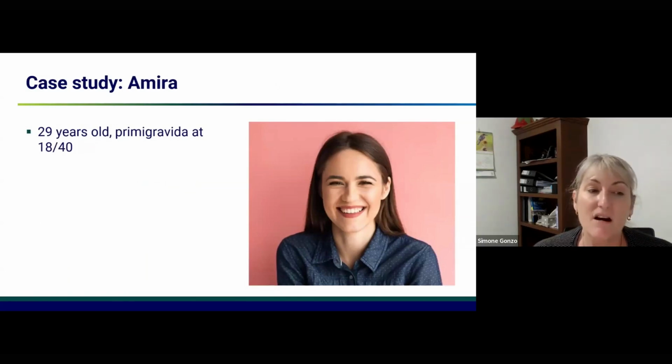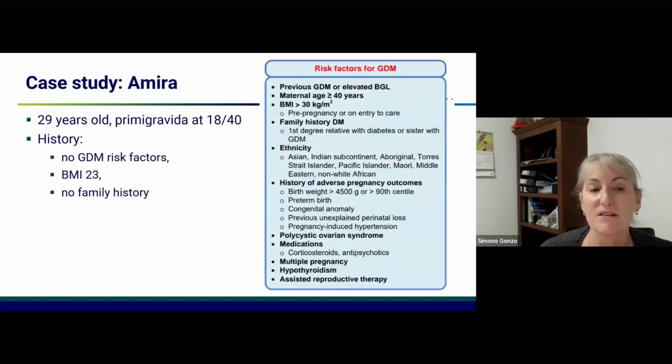She's a little bit younger, 29 years old. She's primigravida at 18 weeks. And we're going to first start off looking at her risk factors. So she has no GDM risk factors. Her BMI is 23. There's no family history.